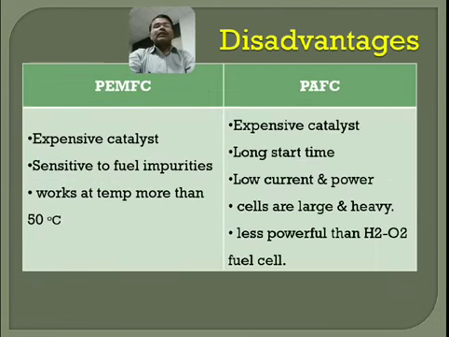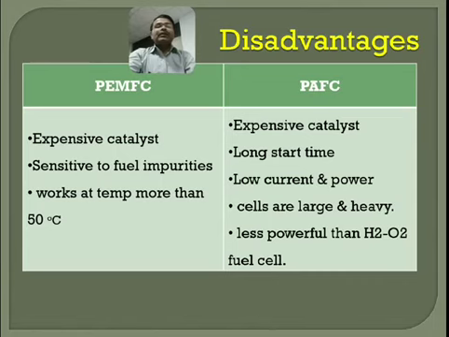There are certain disadvantages also. The catalyst is expensive in both cases. PEMFCs are sensitive to fuel impurity, which means the impurity must be removed from the fuel. They work at around 50 degrees Celsius or more, which can be a drawback.